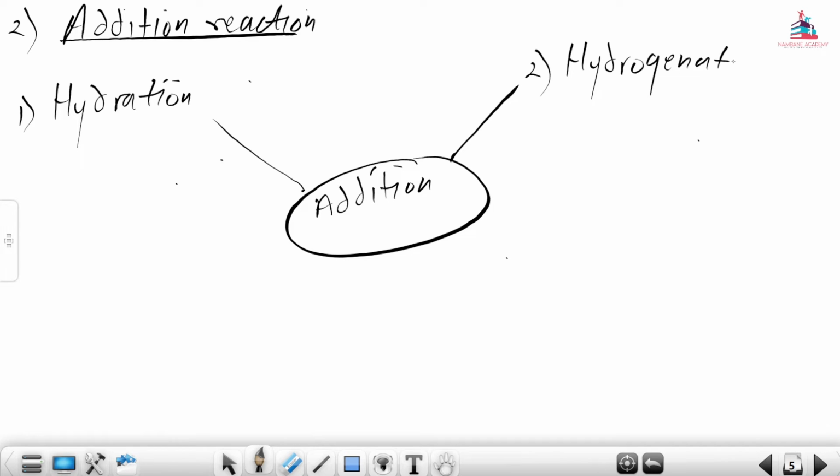The third one is halogenation. And the last one, or the fourth one, is hydrohalogenation.